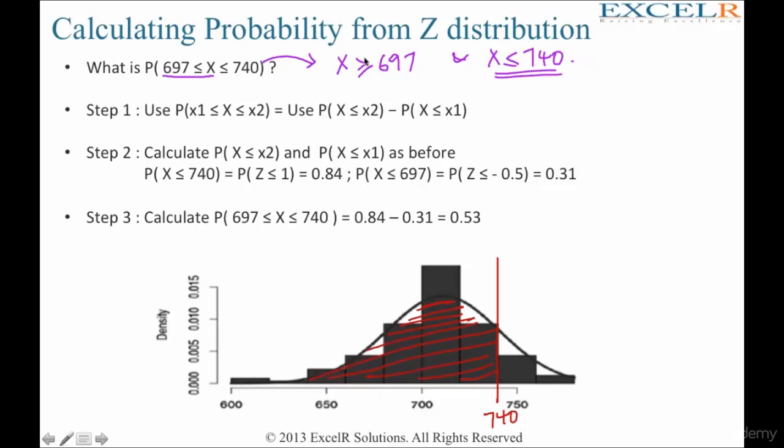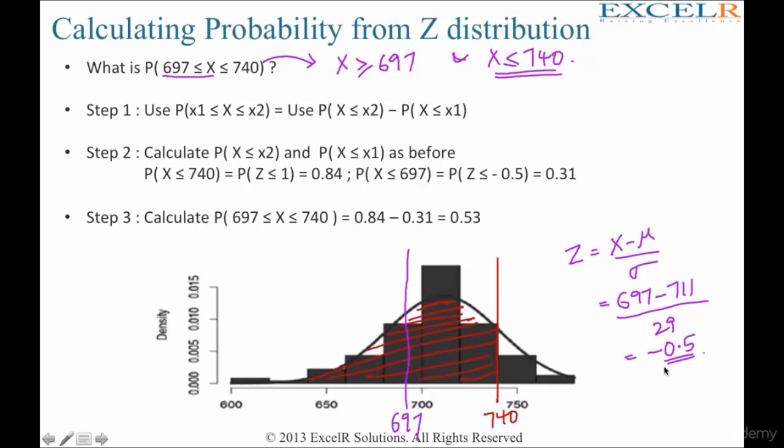Now if you want greater than or equal to 697, then 697 would be roughly here. Then we need to calculate the z value first. Z is given as x minus mu upon sigma. X value here is 697 minus average 711, standard deviation 29. These two values are given to us. If I solve this, I would get minus 0.5.